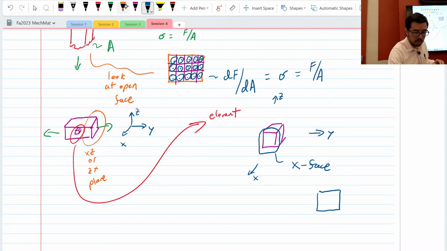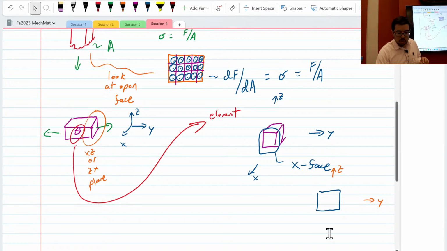So now my coordinate system is y over here and still z up top. X coming out like that. So this side, even though it's only a line, does have some depth into the board.